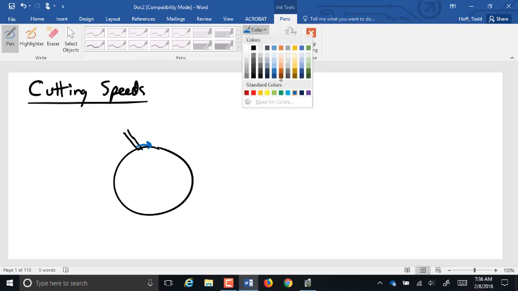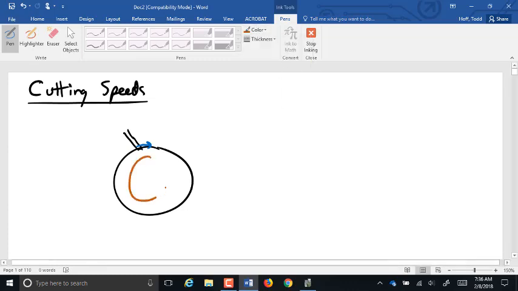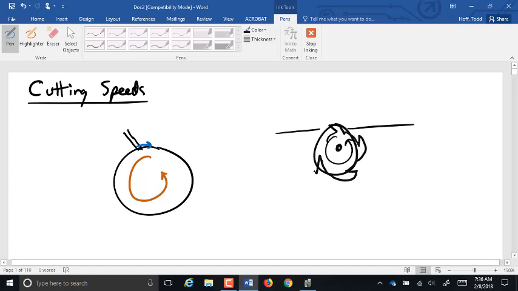If this is a lathe, of course, the material is moving and the tool is stationary. If it is a mill, yeah, it's the tool that's moving, the material is stationary, and of course there's teeth on that tool that cut in. That's really ugly, but you get the point.